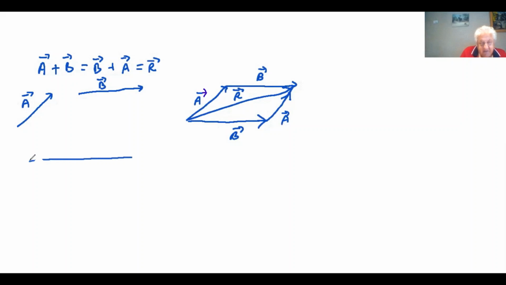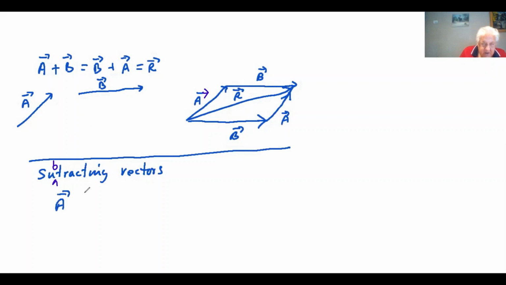Now subtracting vectors, let me take the same two vectors A and B, but this time I subtract B from A. And as I say, the best way to think of subtracting vectors is the addition of the negative of the second vector.